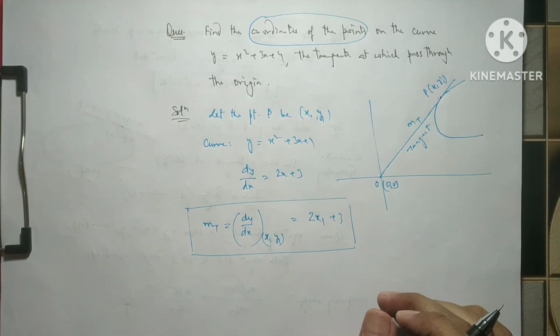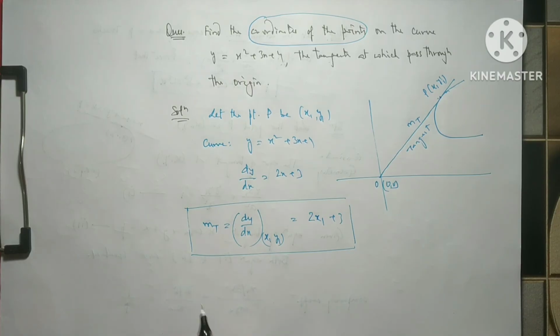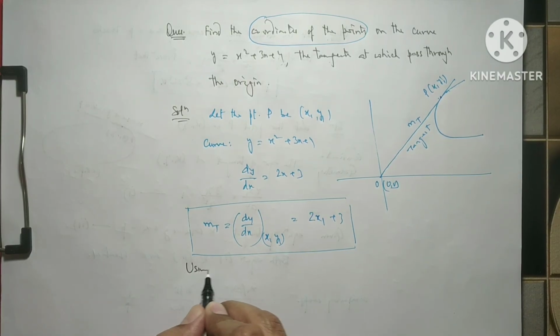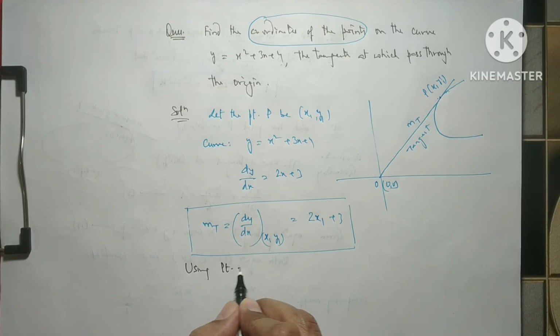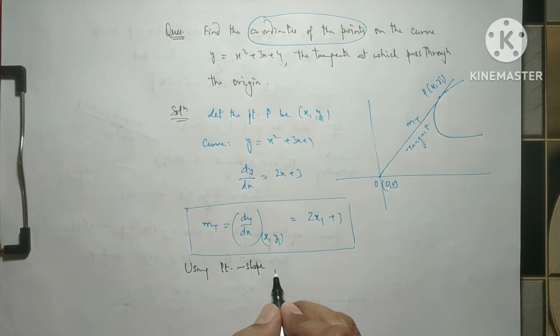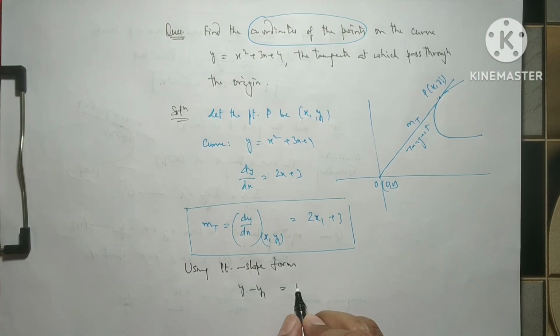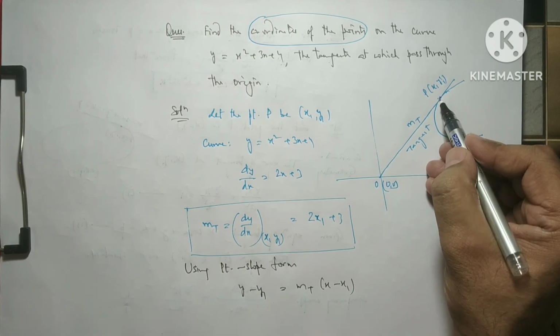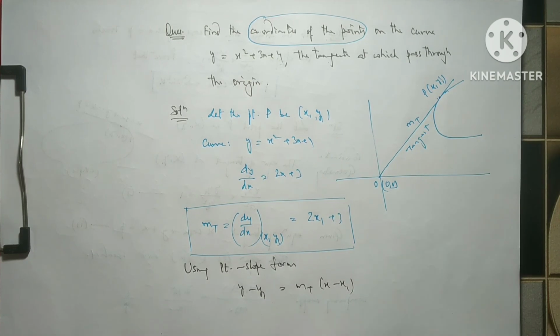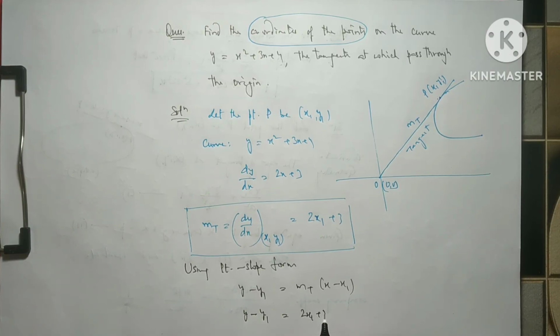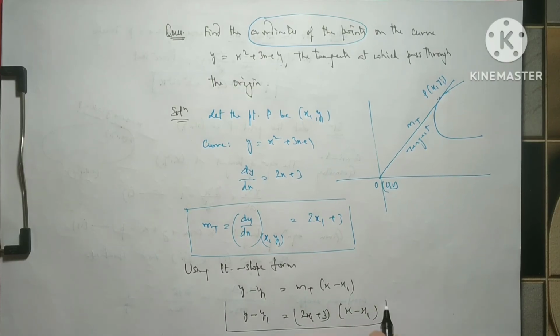If we have a point and slope, then we use the point-slope form, that is y minus y1 equals m times x minus x1. So we get y minus y1 equals 2x1 plus 3 times x minus x1. So this is the equation of the tangent.